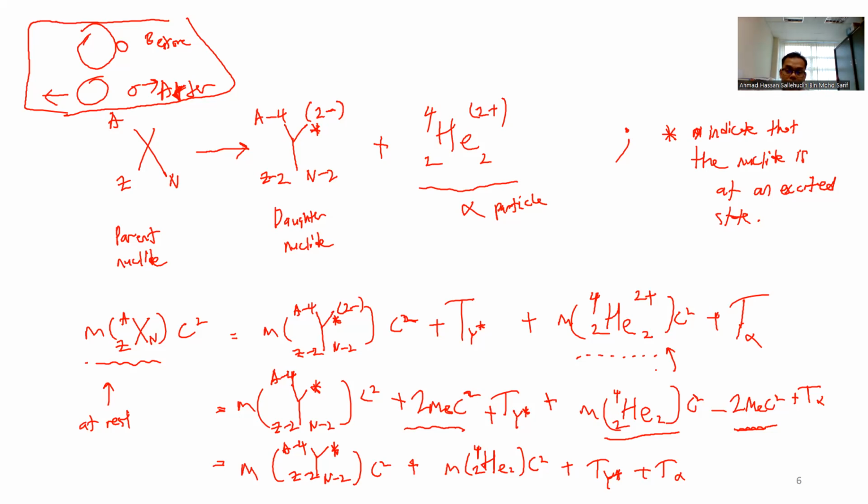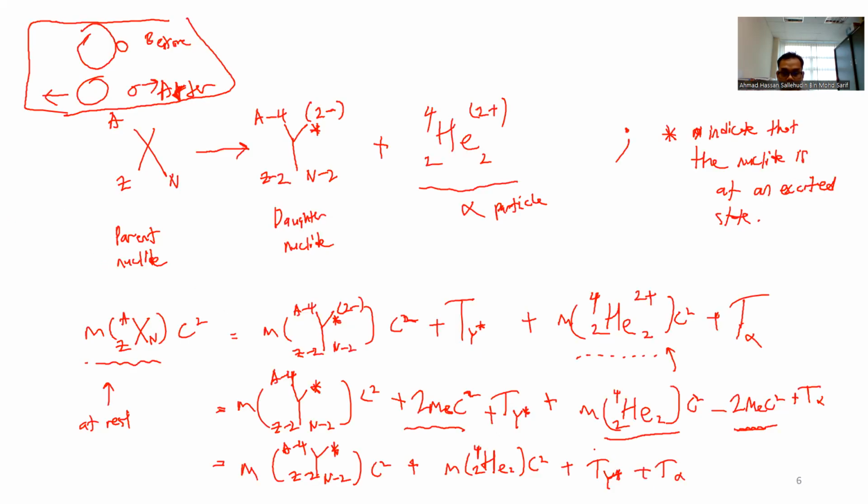If you have kinetic energy terms here, the sum of both kinetic energies, T daughter star plus T alpha, is known as the disintegration energy.